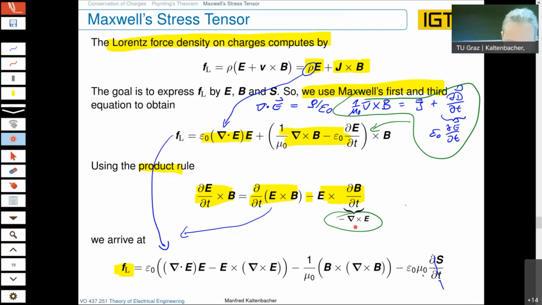That is why we have here the electric field cross product with the curl of the electric field. Yeah, that is due to this minus we get here. And in addition, we should not forget we also have this part here.